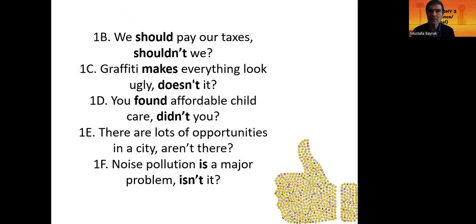1B, we should pay our taxes, shouldn't we? Graffiti makes everything look ugly, doesn't it? 1D, you found affordable childcare, didn't you? Okay, these are so simple for you. There are lots of opportunities in a city, aren't there?